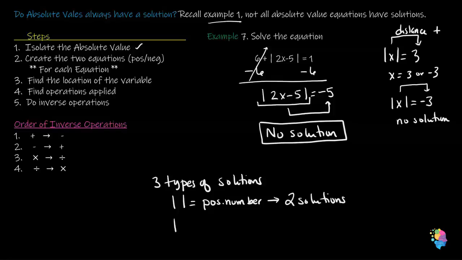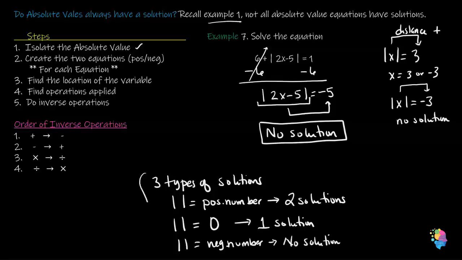Okay? If the absolute value equals 0, then you're going to have only 1 solution. But if your absolute value equals a negative number, then you're going to have no solution.